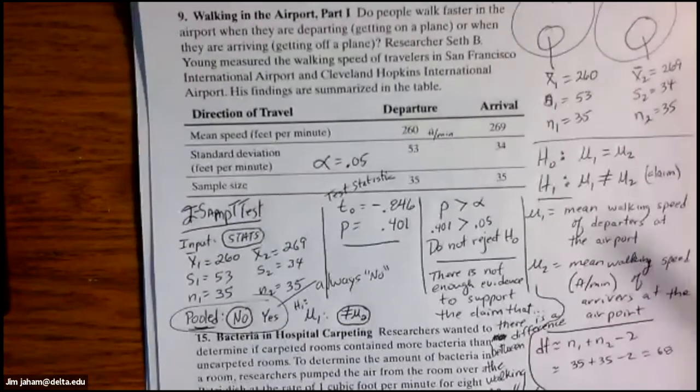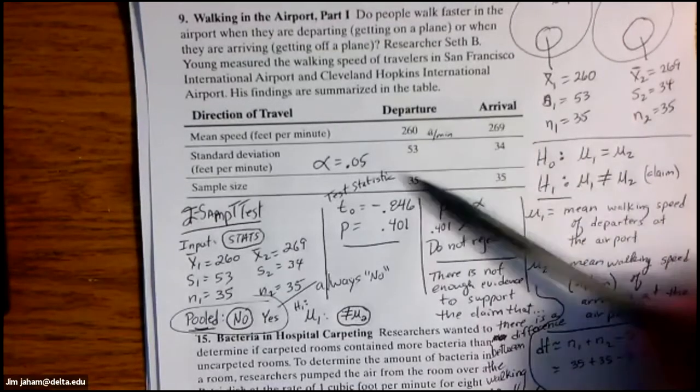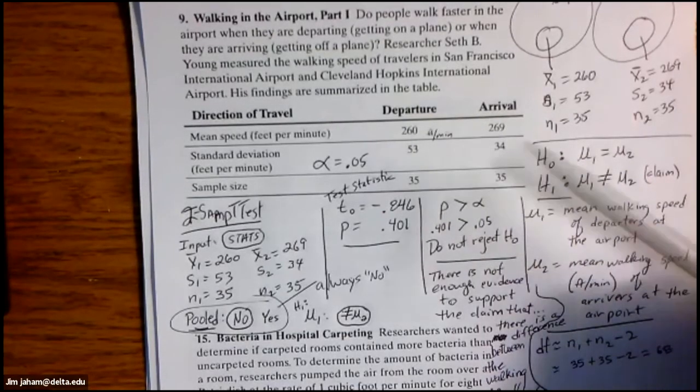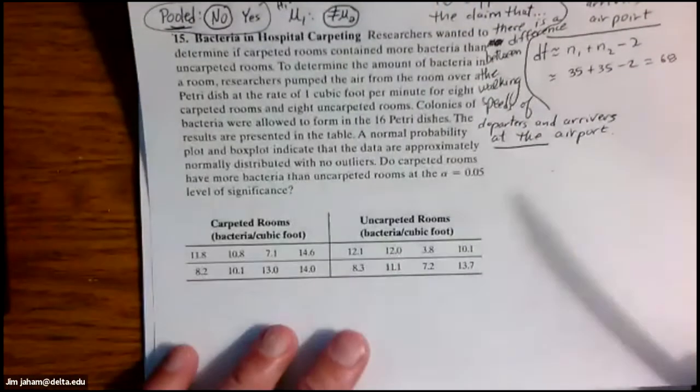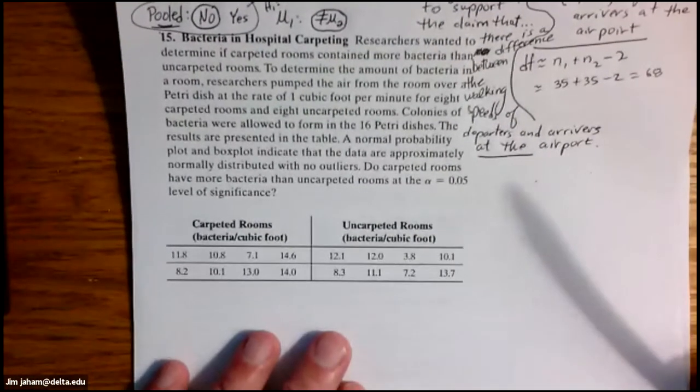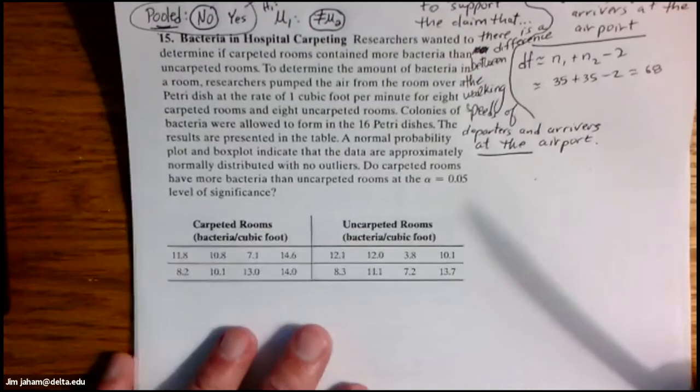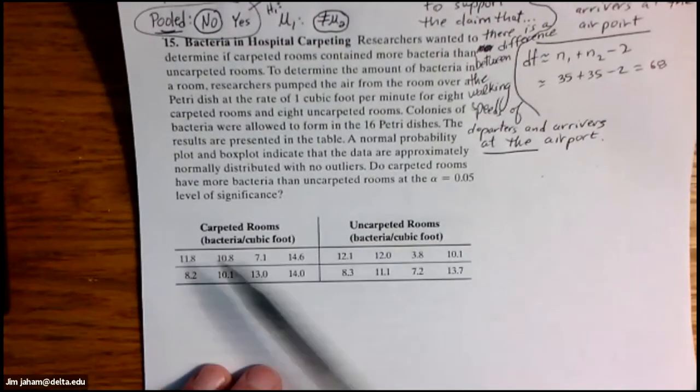Now, to contrast this one, where all the summary statistics were given to you in a nice little table like this, and you can compare here, in this next problem they don't give us the summary statistics, but rather they give us some raw data.